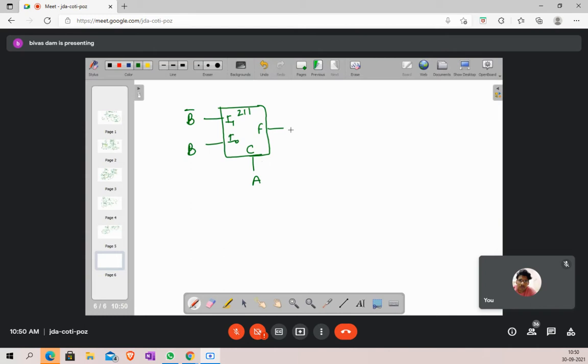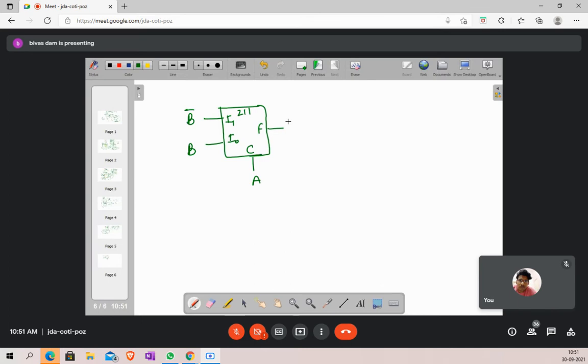So here, what are you getting at the output? From these connections, you have to tell me what function output you are getting, expression-wise.